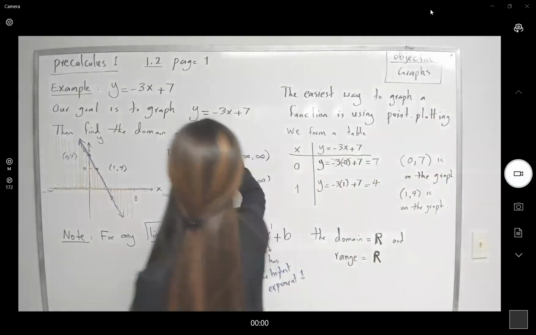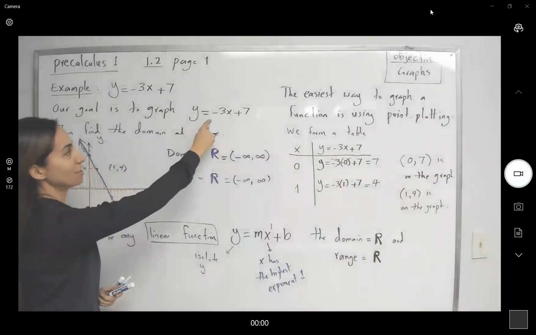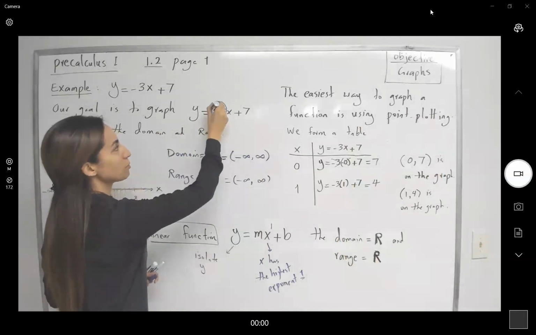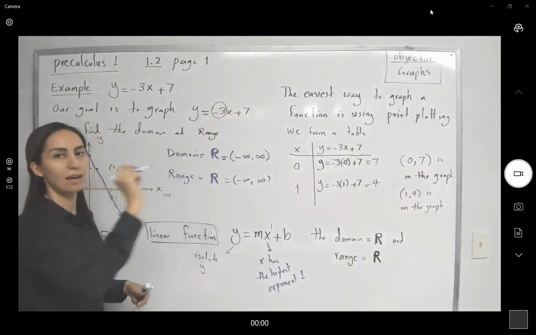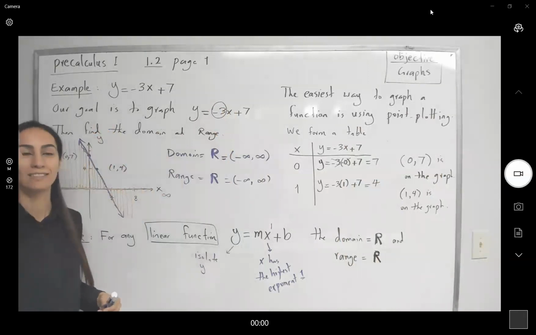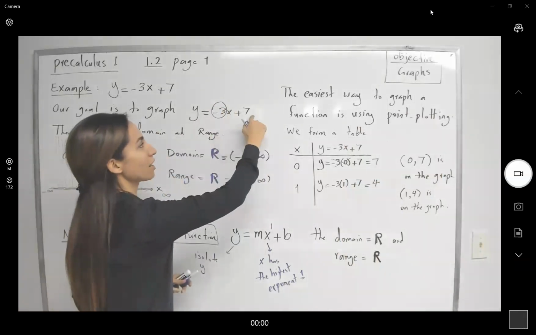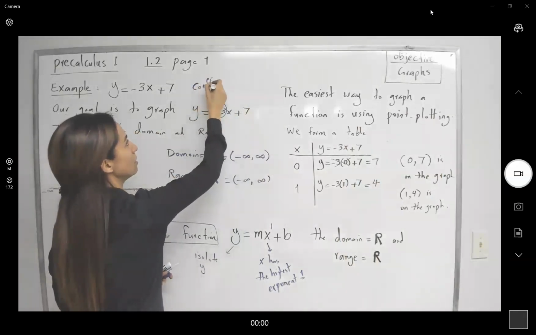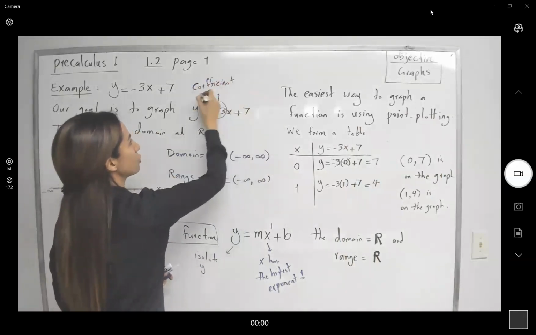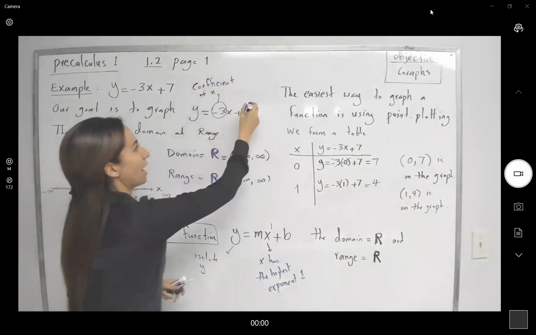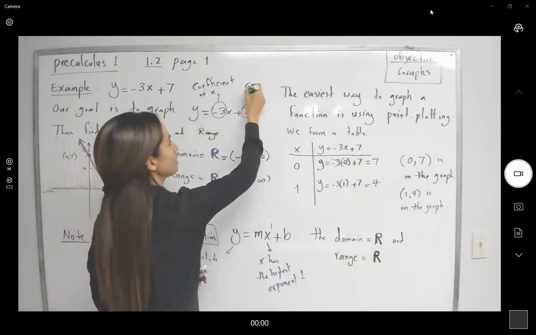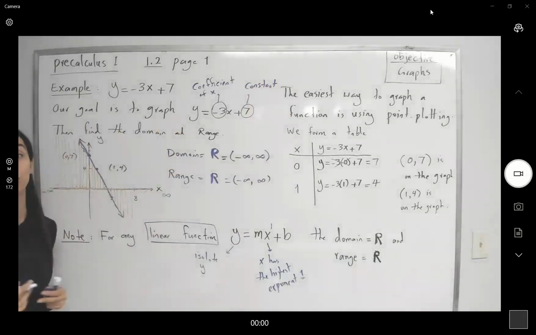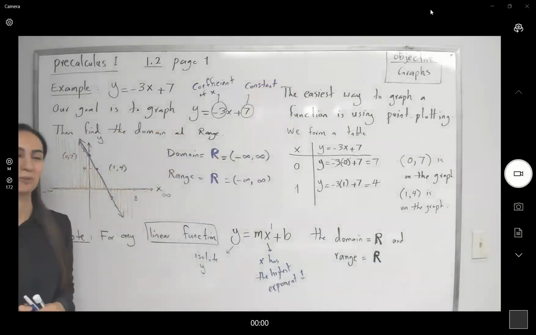Here you have y isolated on one side, equal to a number multiplied by x, and x has exponent 1, plus a constant. So this is the coefficient of x, and this is just a constant. That's how we know we are dealing with a linear function.